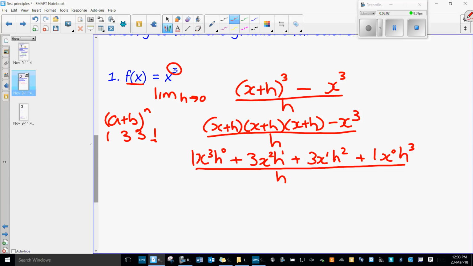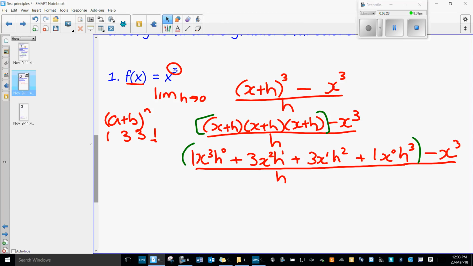All right, so this first. Oh, I lost something. Minus x cubed, I forgot it, sorry. Because remember, this stuff here was just these brackets. All right, let's do a little bit of simplification.